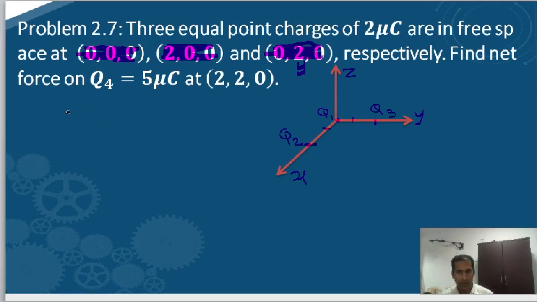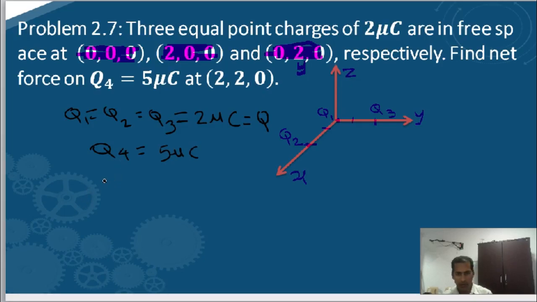Here we can see that we have charge Q1 equal to charge Q2 equal to charge Q3, and its value is 3 microcoulomb. So this is our charge Q. These three are same, but the fourth one Q4 is equal to 5 microcoulomb.